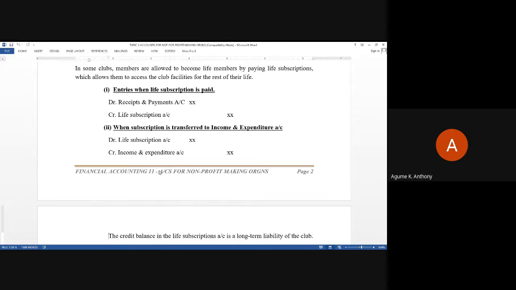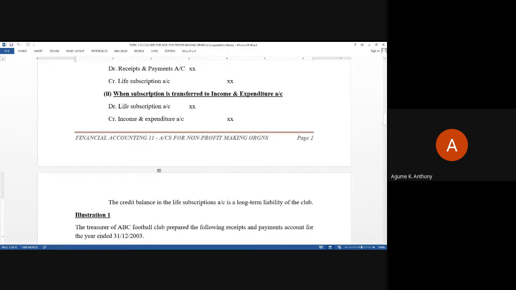So meaning that every year I will be writing off a portion of that subscription received in advance, and I will be recognizing it in my income and expenditure. So when a subscription is transferred to income and expenditure, you are going to debit the life subscription and then you will credit income and expenditure account.